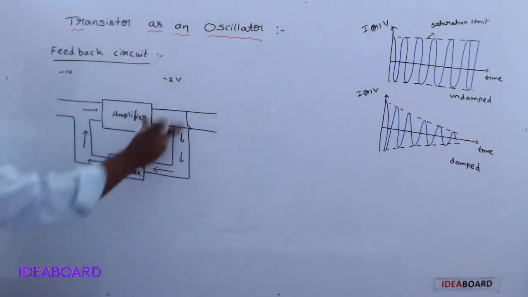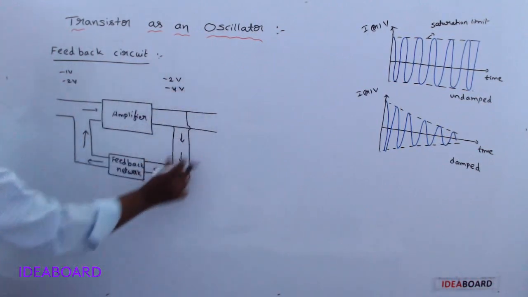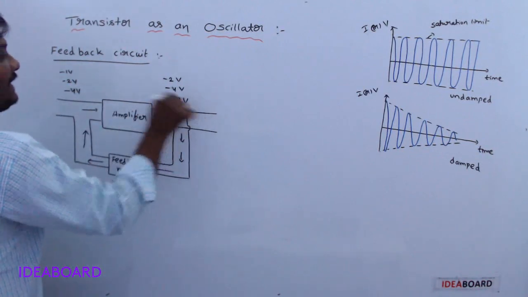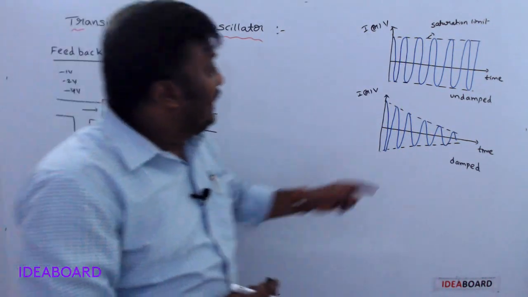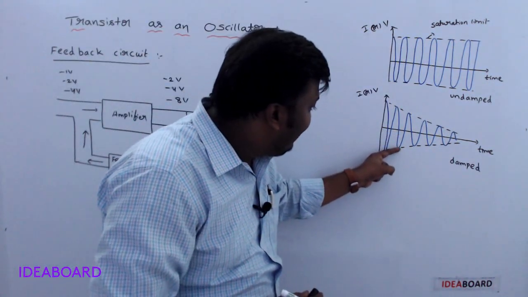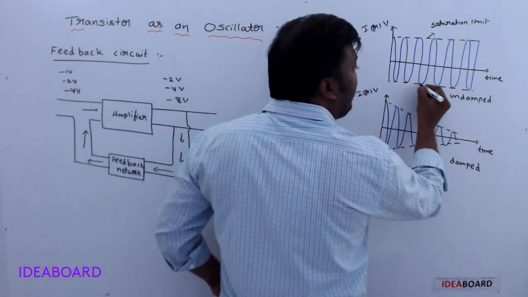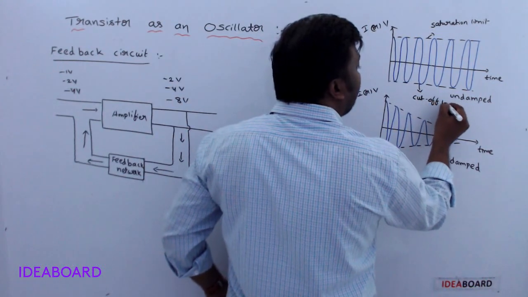Now this minus 2 volt becomes minus 4. This minus 4 is again fed back to the input and becomes minus 8 volt. In this way, in the negative direction also it increases until it reaches the maximum limit, called the cutoff limit.